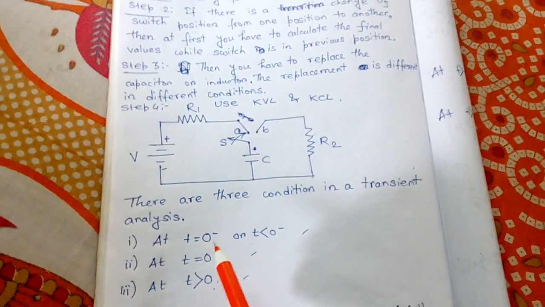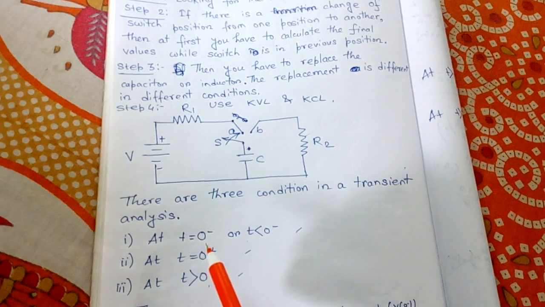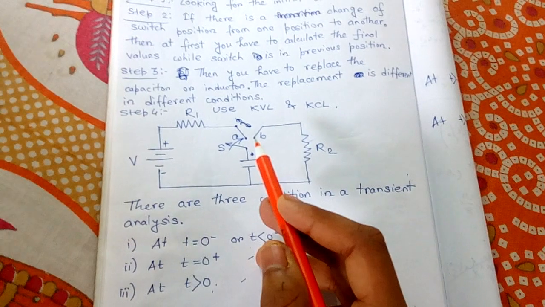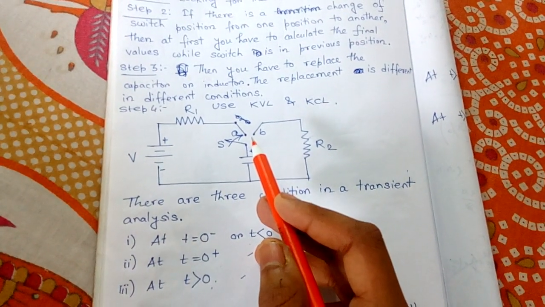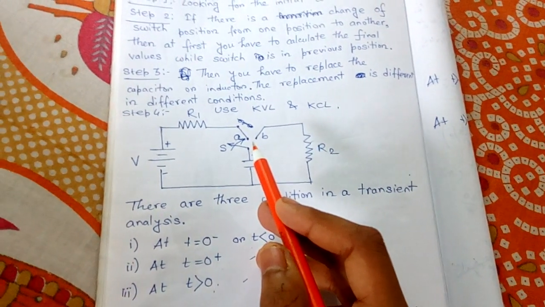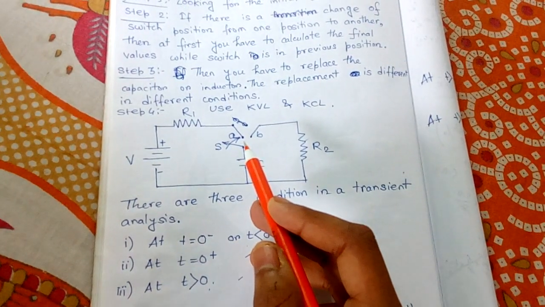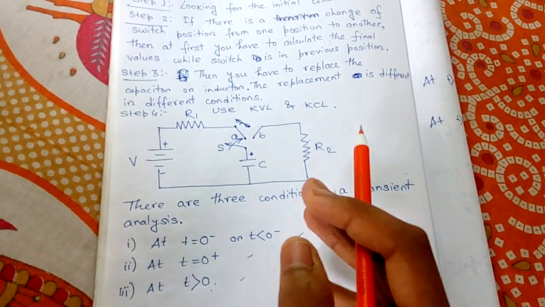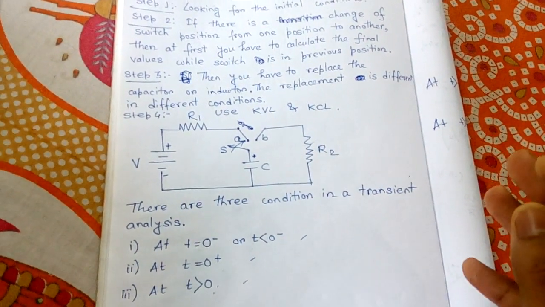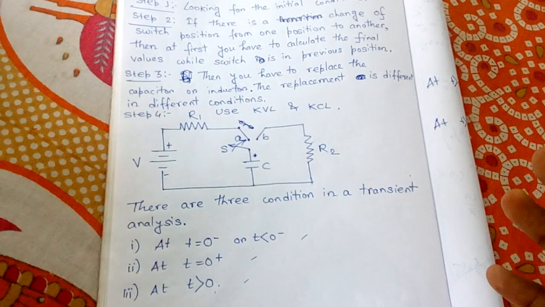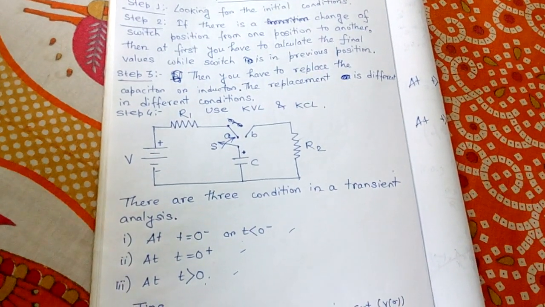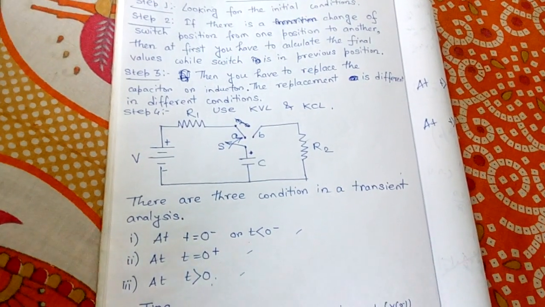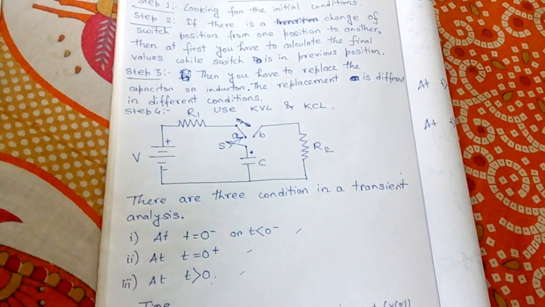t equals 0 minus means: I have said that at t equals 0, the switch is thrown to position B. That means before that the clock is not applied, and the switch is in position A. So if we want to express the time before that, we express it as t equals 0 minus, because the switch is thrown to position B when the clock is applied at t equals 0.